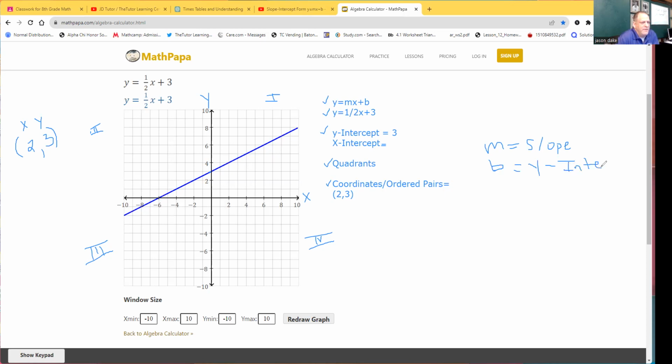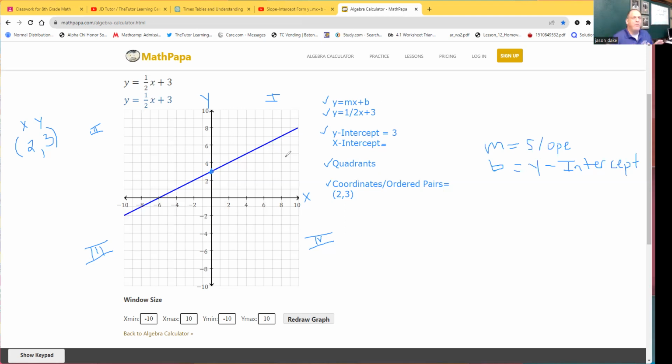I planned for that to be the 3. Okay, so let's look at this 3 right here. So let's go ahead and dot our y-intercept there because the 3 does fall right on the line. And that is the very first thing that you're going to do.